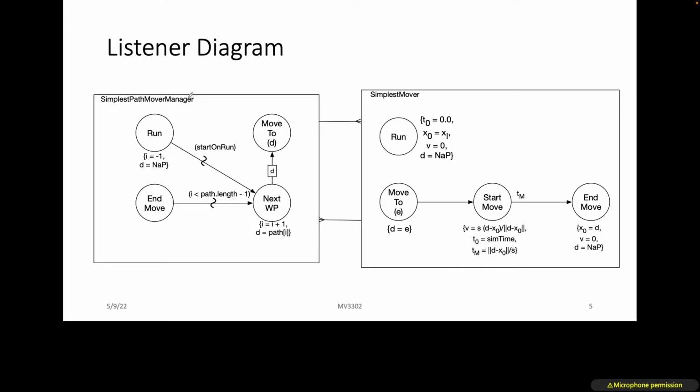The other thing to remember is that in this methodology, the run event is where everything gets kicked off. That is the only special thing about an event. The only special event is the run event, because that's what gets put on the event list at the very beginning.